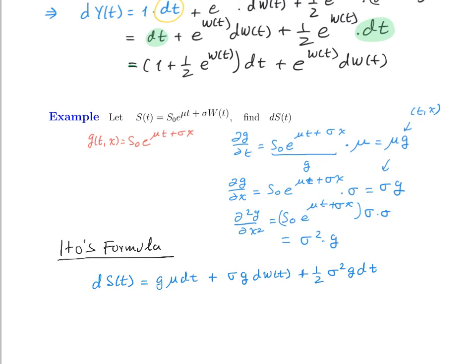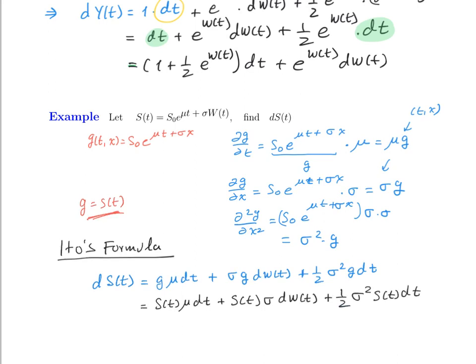Now notice that g is the same thing as just S of t in our particular example. So therefore this should be S of t mu dt plus S of t sigma dW_t plus 1/2 sigma squared S of t dt.